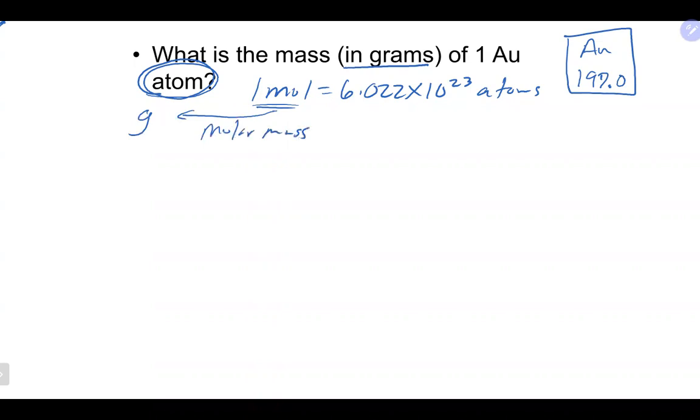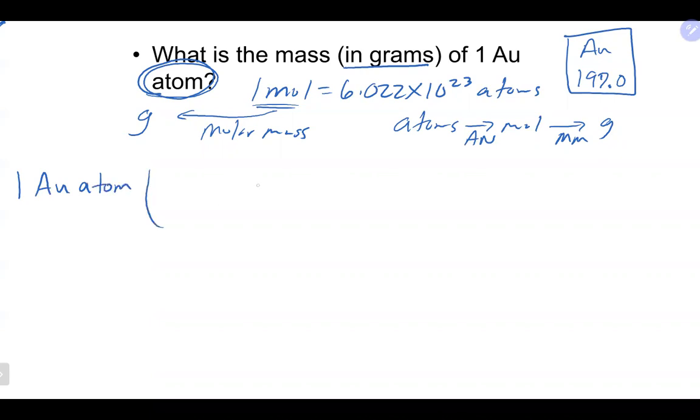So in this problem, we go atoms to moles, and then moles to grams: Avogadro's number for the first move and the molar mass for the second. We start with our 1 gold atom.